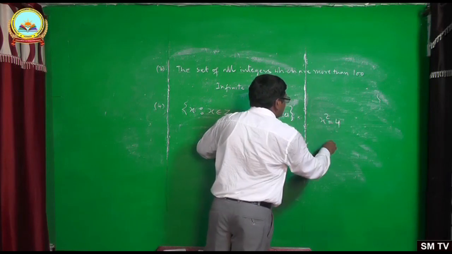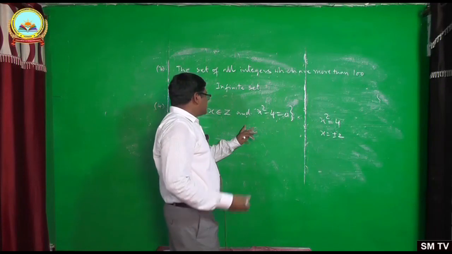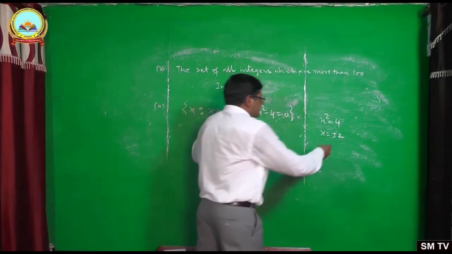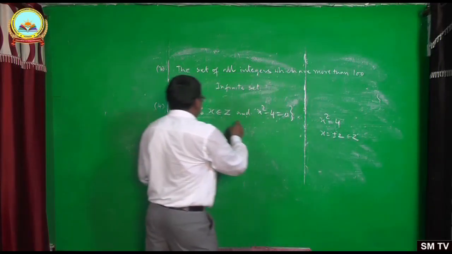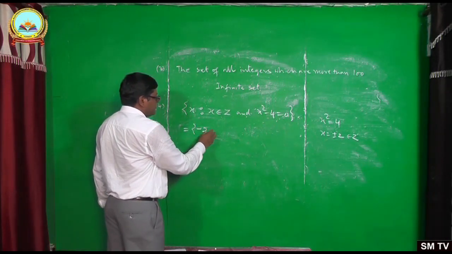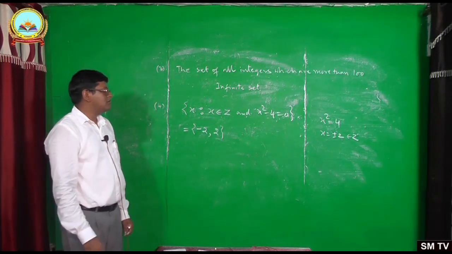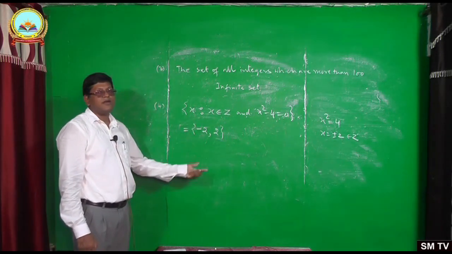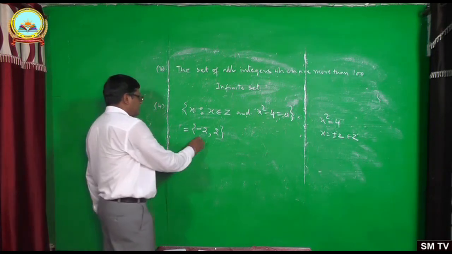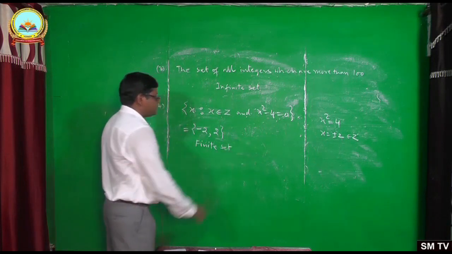We get x squared is equal to 4, x is plus or minus 2. Plus 2 is an integer, minus 2 is also an integer. So this set is actually the set consisting of two elements, minus 2 and plus 2. So this set has a definite number of elements, therefore this set is a finite set.